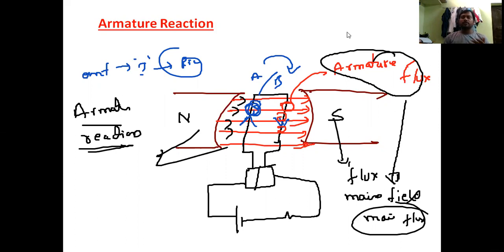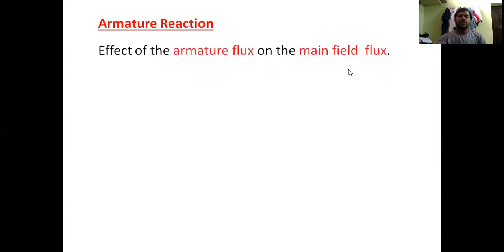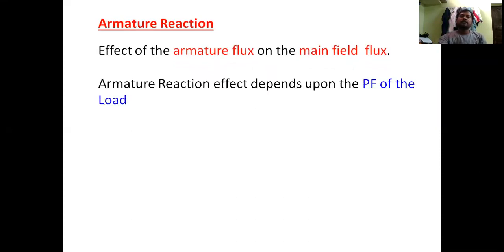This is a basic concept, and a similar concept exists in synchronous machines. I will explain it one by one. So this is the definition: the effect of armature flux on main field flux.